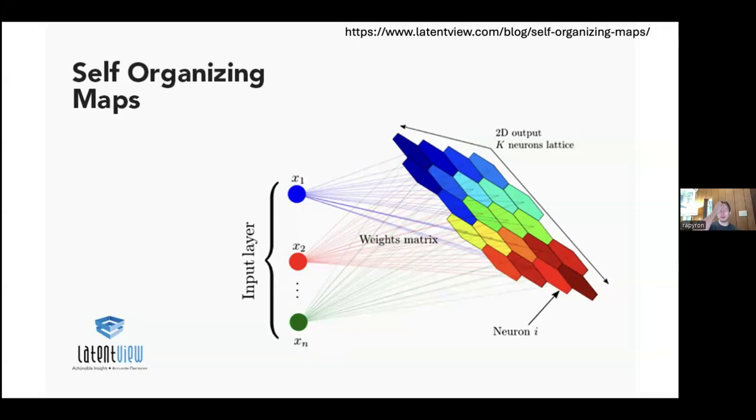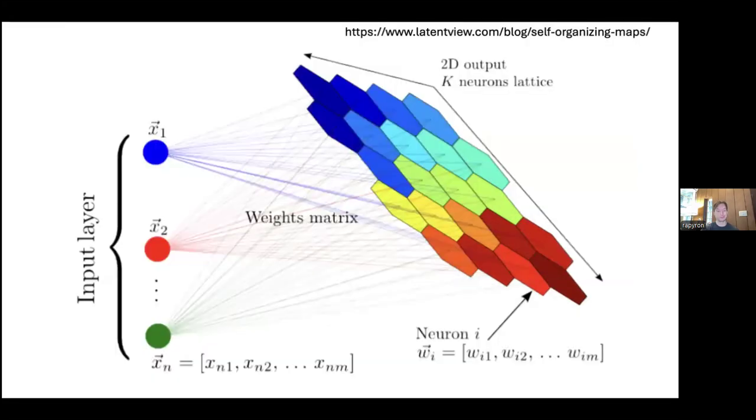We don't have to worry about that, but just the idea we're projecting this into two-dimensional space, and every individual gets projected into one of these output cells in that two-dimensional space. So we can have as many dimensions as we want. We could have 1,000 dimensions, and we can summarize the variation in those dimensions into a single two-dimensional space where things will cluster together in different regions of that space.